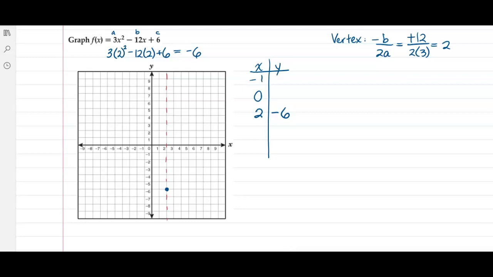And I want to pick some points on the right side as well. Maybe I'll pick 3, that's to the right, and I don't know, let's try 6. It doesn't really matter which points you pick. Sometimes they'll be nice points, sometimes they won't be integer coordinates. But we're going to just go back and substitute these values to get our y values.